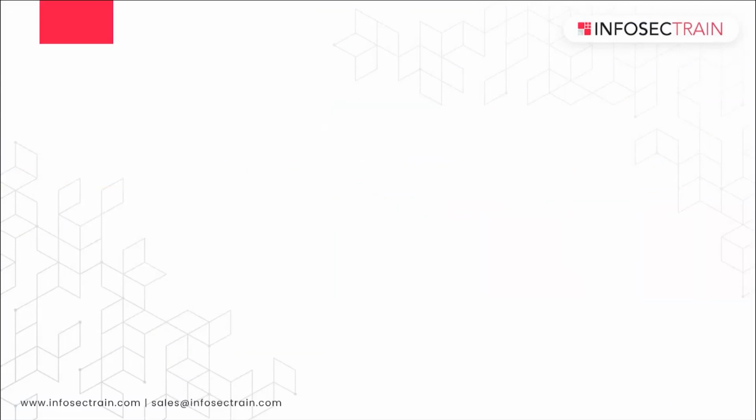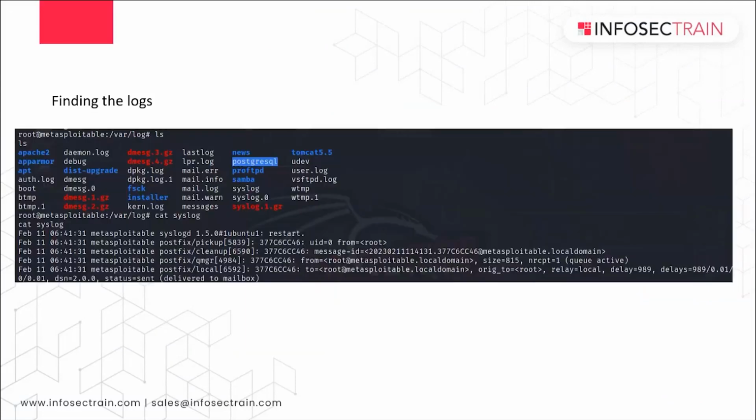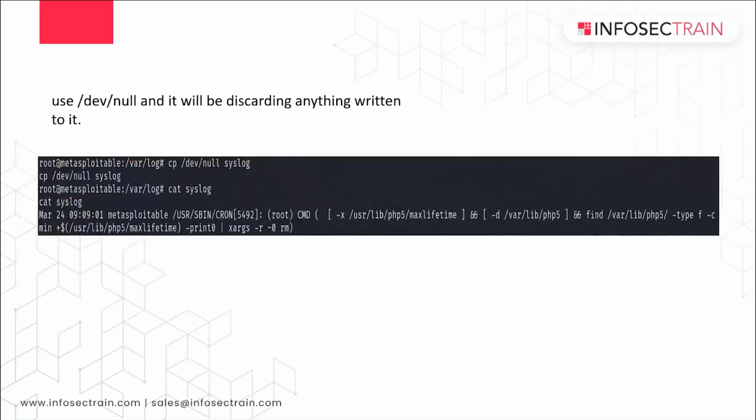So if I go back, this was the one, covering tracks by clearing the tracks on the Metasploitable. Here, if you notice, there was a syslog which we were seeing, and then we are using a command with /dev/null, right? So copy /dev/null to syslog.